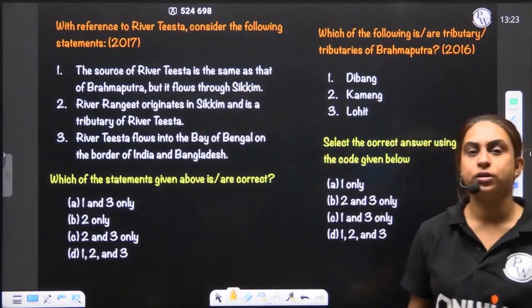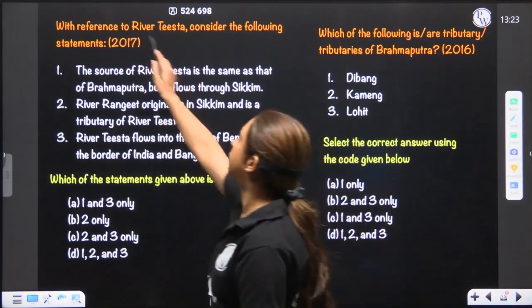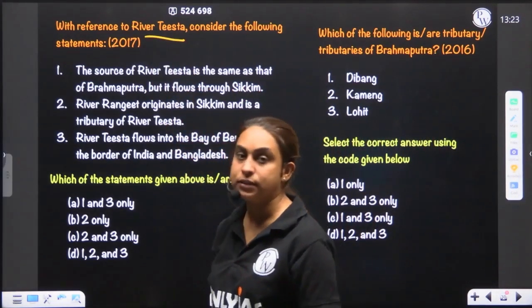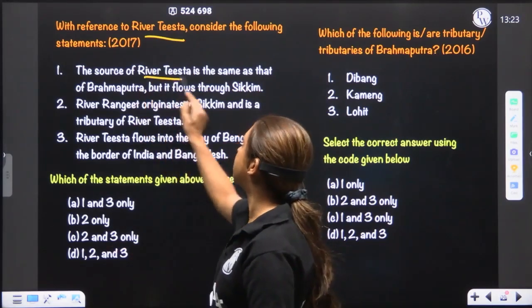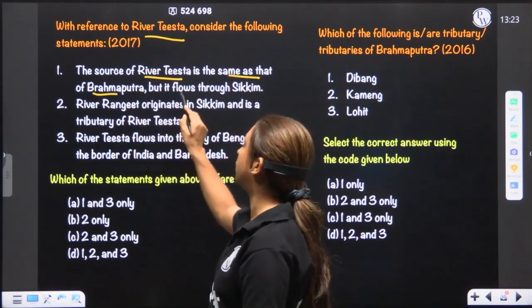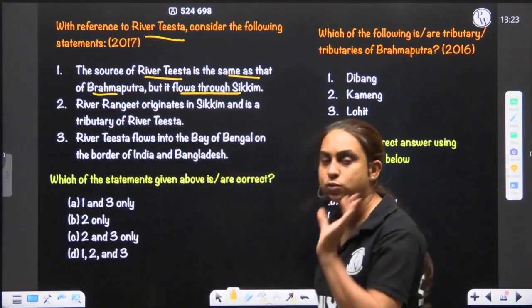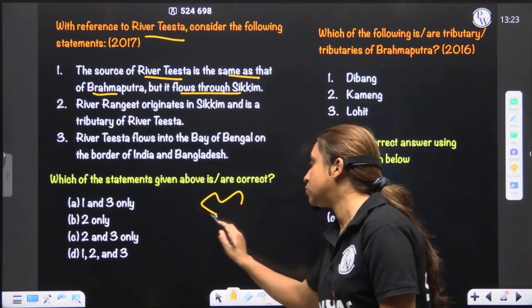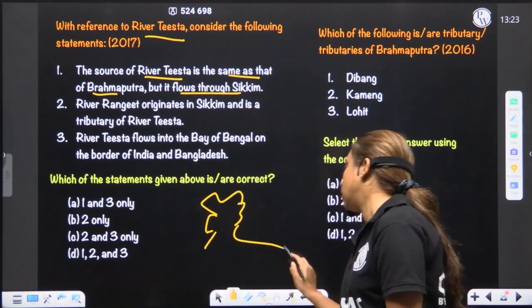Let's look at the first question. River Teesta. The source of river Teesta is the same as that of Brahmaputra, but it flows through Sikkim. In case you just know the map, you don't know much, just know the map.